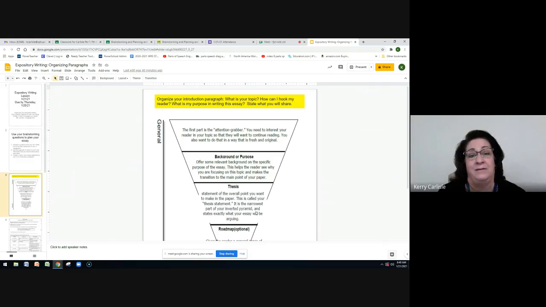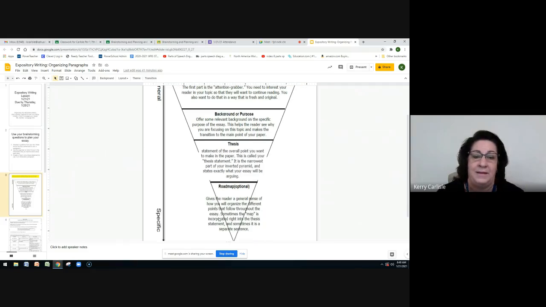Yeah. So your introduction hooks people first and then tells a little bit about the topic. And then your thesis is like, what is it that you're going to tell? And you can use those question words to do that. So the roadmap is kind of like optional to it, but this roadmap thesis part kind of goes together.